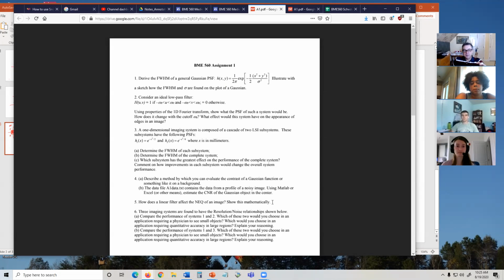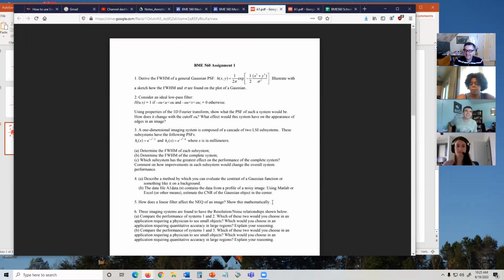Then you put it through a filter, and we're not using a specific filter, so the filter is just going to be some H of UV. Using the input-output relationships for the power spectra, because the NEQ is defined on the power spectra, what does that become at the output? What is the NEQ, the ratio of the signal to the noise? Does it change it? If it does, how? If it doesn't, does it matter?